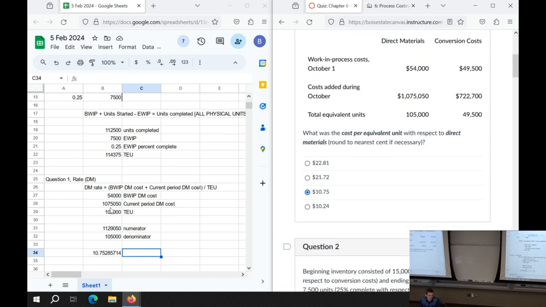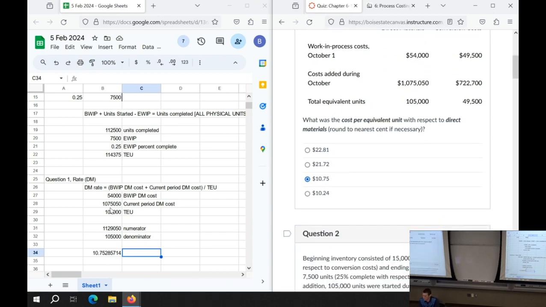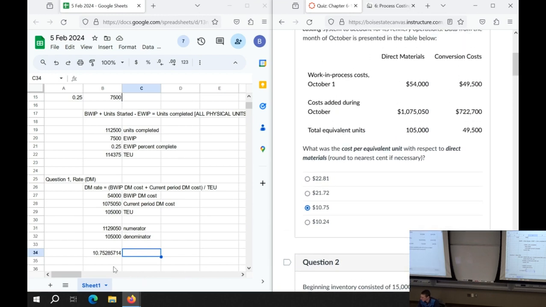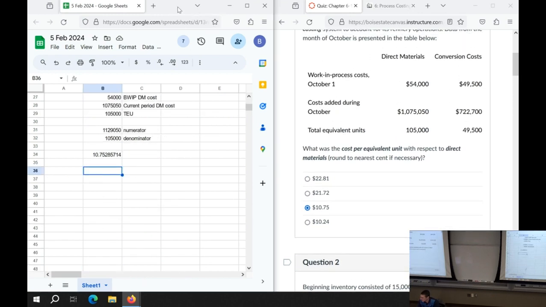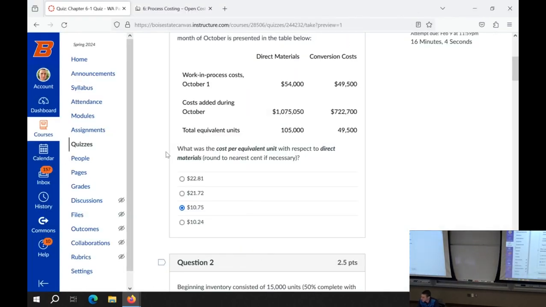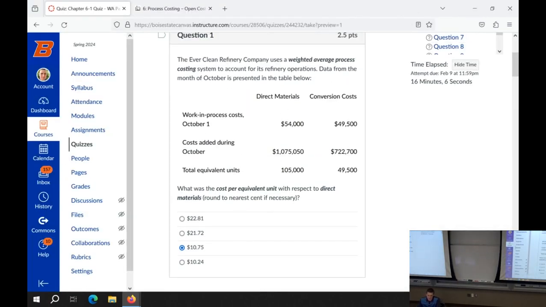Just for fun, let's figure out the conversion cost rate. Let me give you a minute to do that. I'll put this spreadsheet over on my side so you can't see it, and I'll work on it. After 30 seconds, a minute, let's see what you come up with for the conversion cost rate.